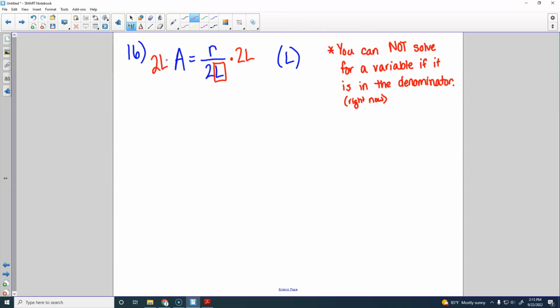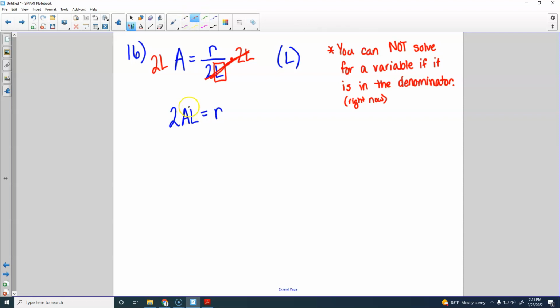So if you have a denominator and the variable you're trying to solve for is in that denominator, you can multiply both sides to get that variable out of the denominator. Yes, it will not be our only step, but it's just our first step. So we've got 2LA or AL, doesn't matter what order you put them in, equals R if you do that. So now our L is not in the denominator anymore. So now we can solve for it. Does that make sense?